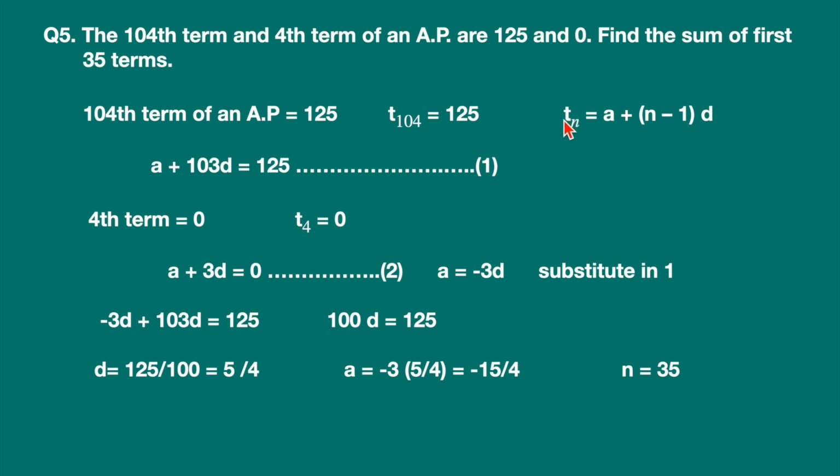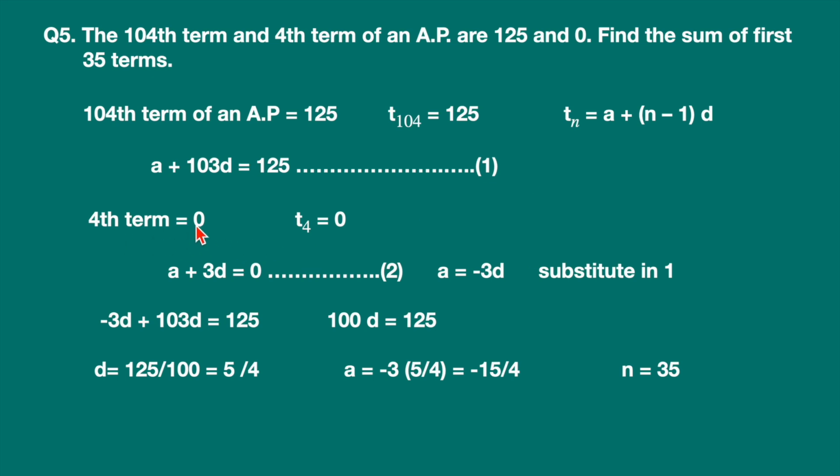So 125 is equal to A plus 104 minus 1, that is 103, D. So A plus 103D is equal to 125. This is the first equation.